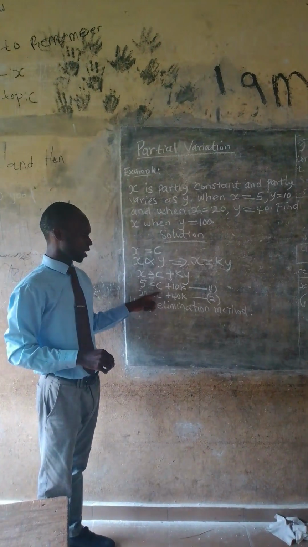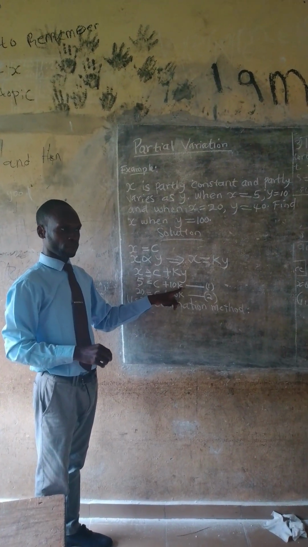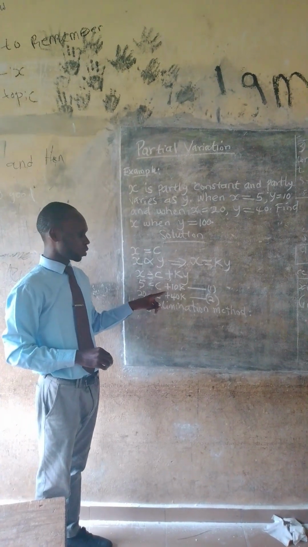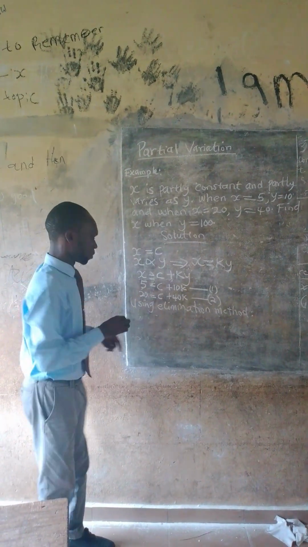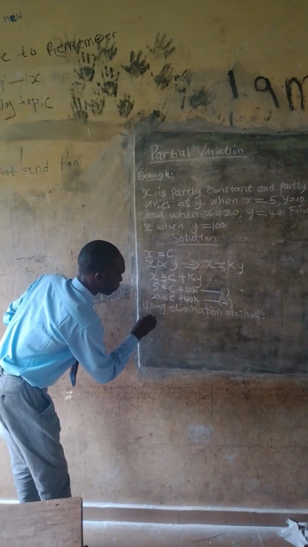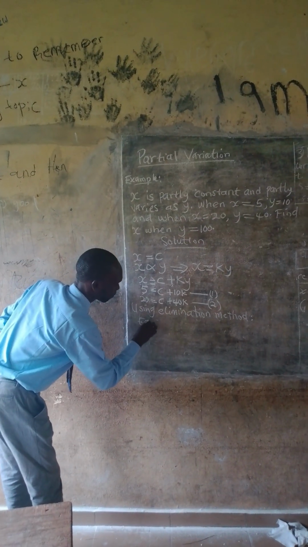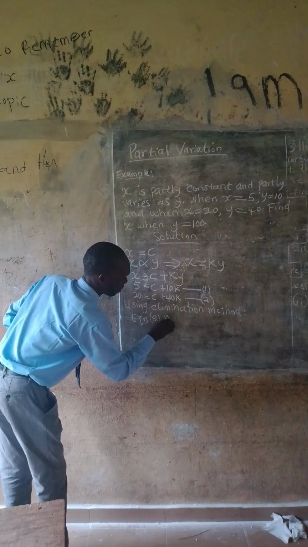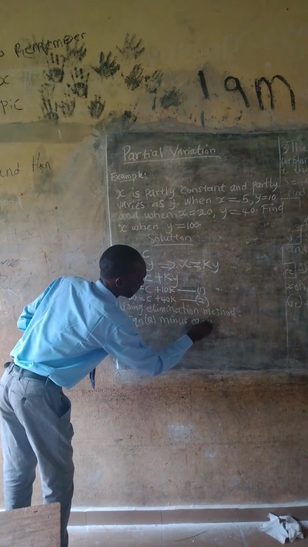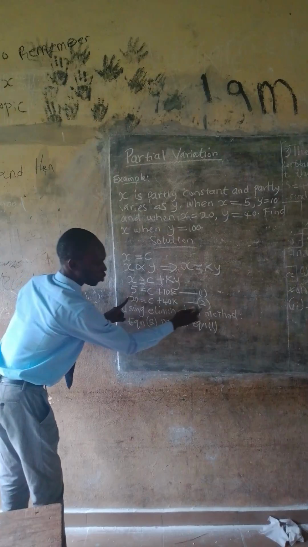We have two unknowns here, c and k. So we need to eliminate one of the unknowns to get the other one. So in that case, we now have to say equation 2 minus equation 1.